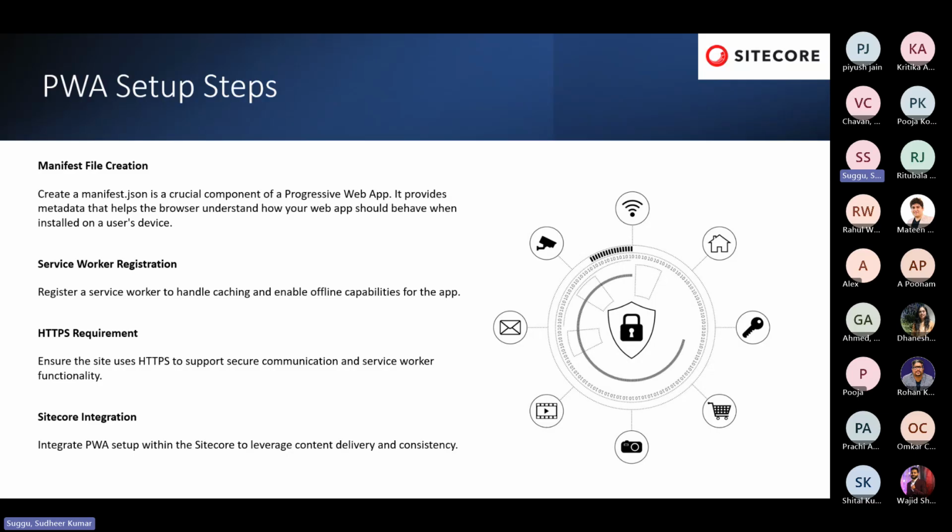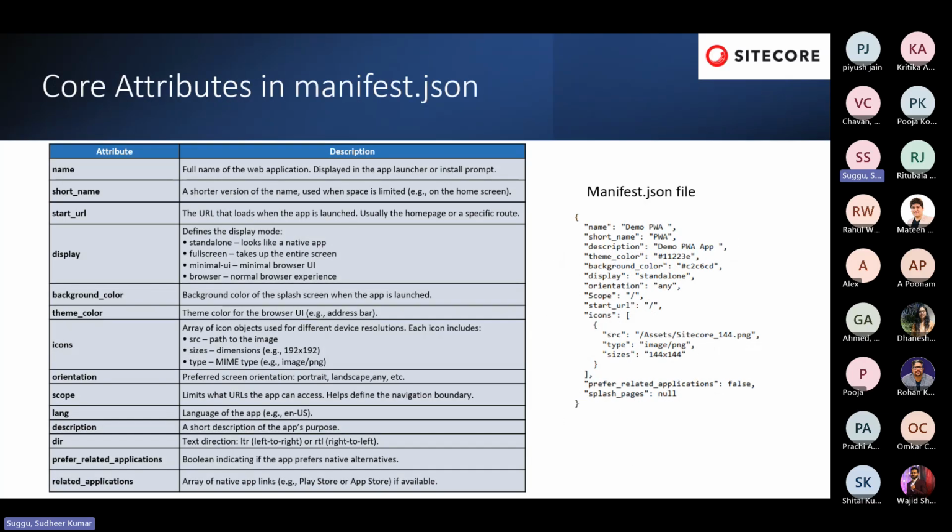And as I said, we can directly integrate these PWA apps with Sitecore, get the information from the CMS systems, and with that we can handle things based on the website. So this is the manifest file. If you see on the right-hand side, this is a sample manifest file and how it basically looks. It has certain parameters.